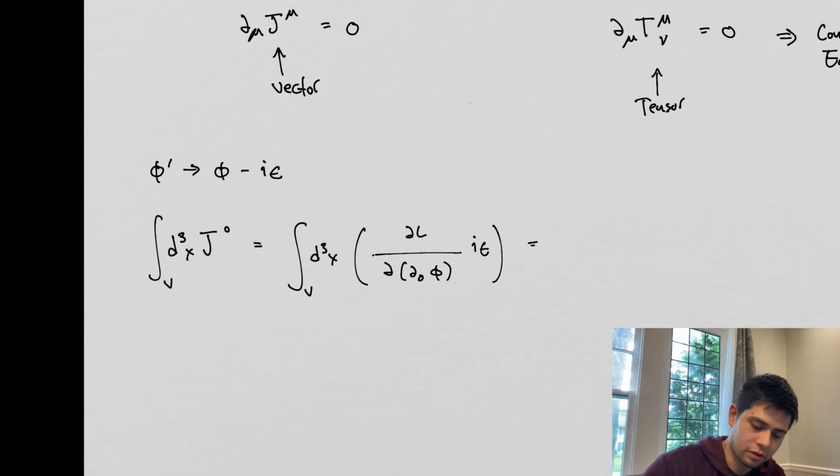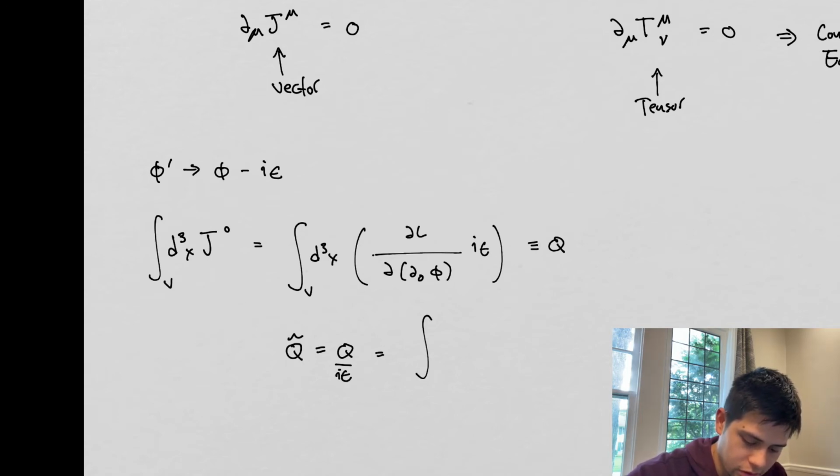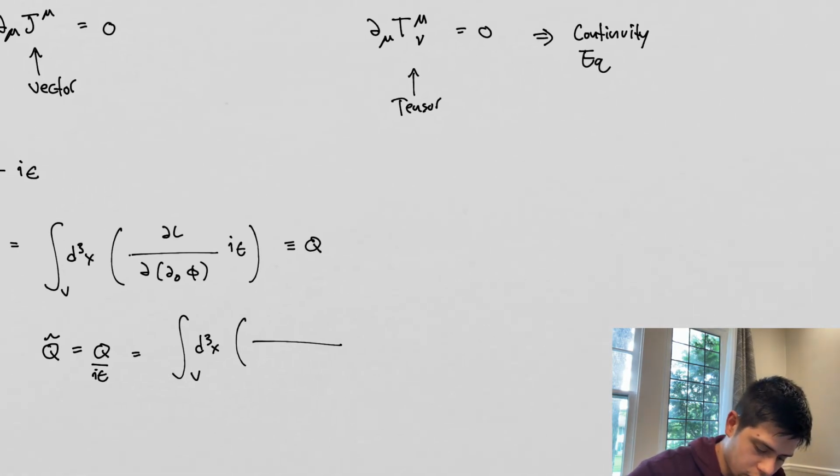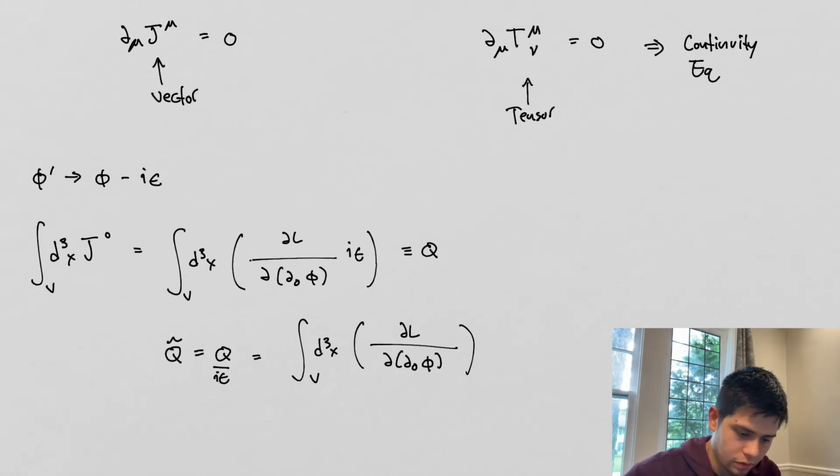We're just going to define this, and call it Q. So we're going to say Q with the line over it, like that, is equal to Q over i epsilon, which is just equal to this, like that. So we have this here.